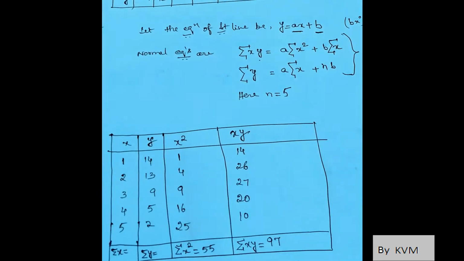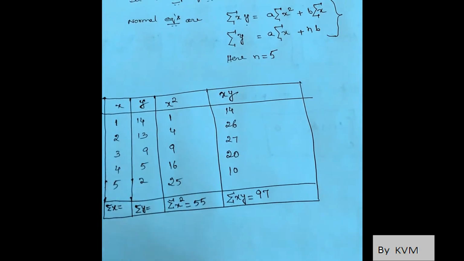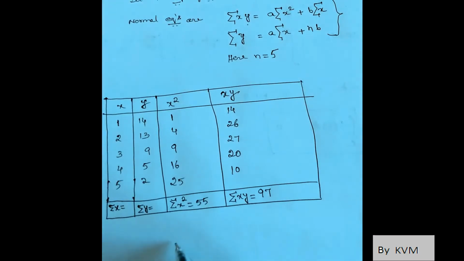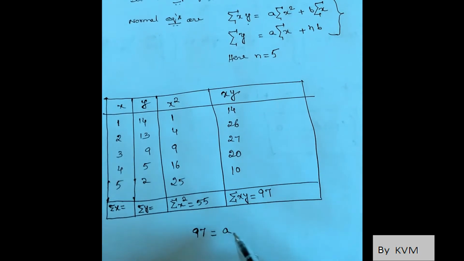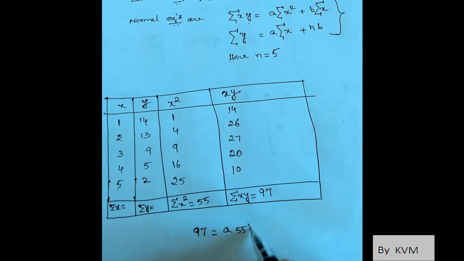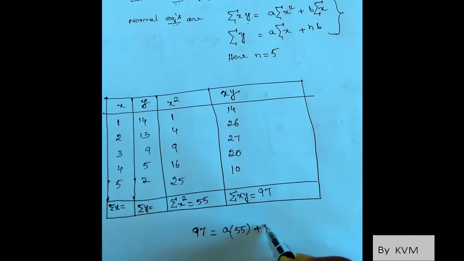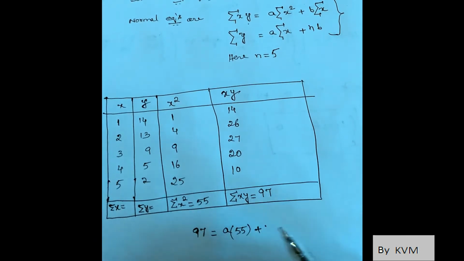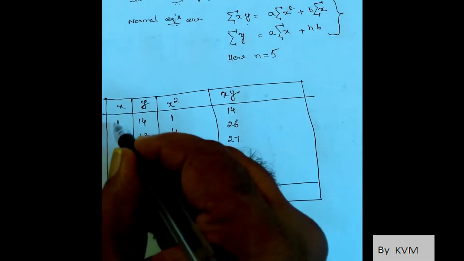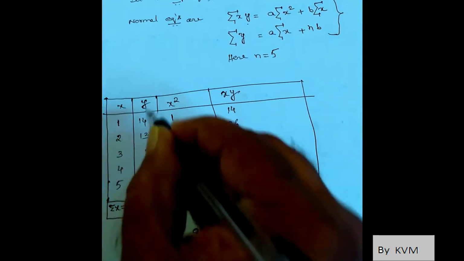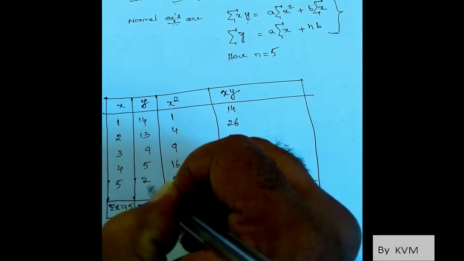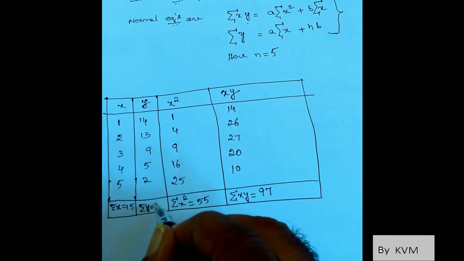So after constructing the table, substitute all the values in the normal equation. So sigma xy from the first normal equation, sigma xy is 97 equals a into sigma x square, 55 plus, so we have to calculate sigma x. Summing up all the values of x, sigma x is 15, and adding all the values of y, sigma y is 43.